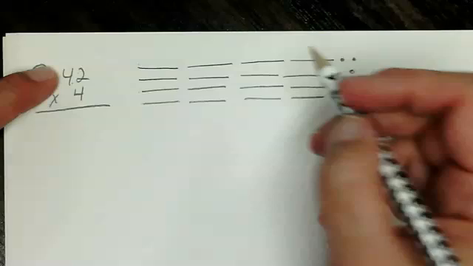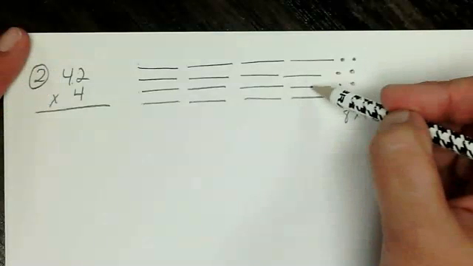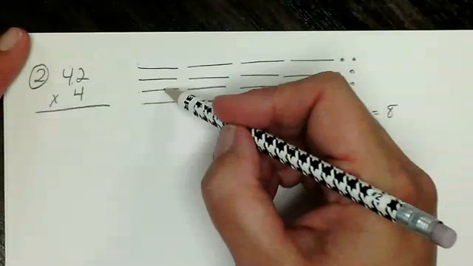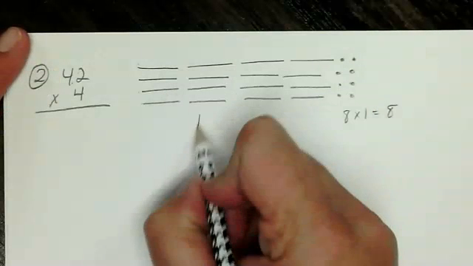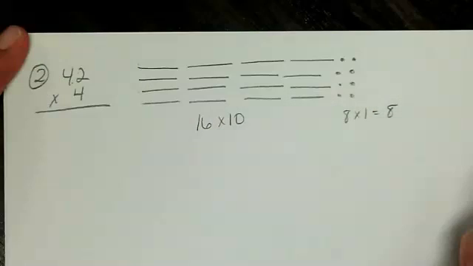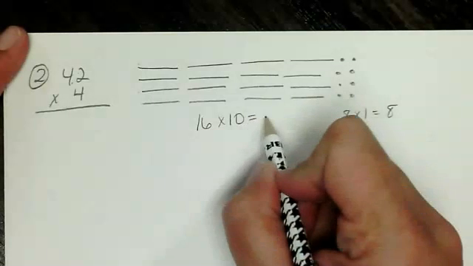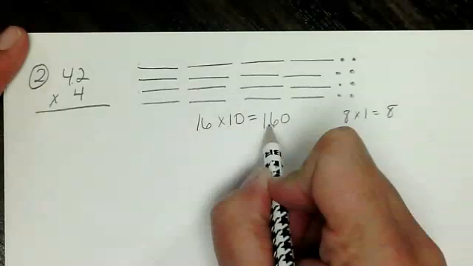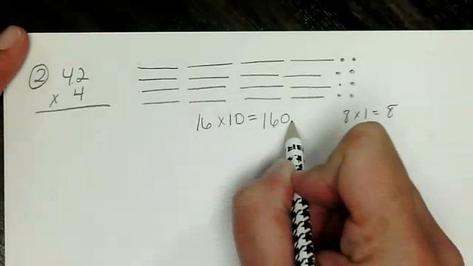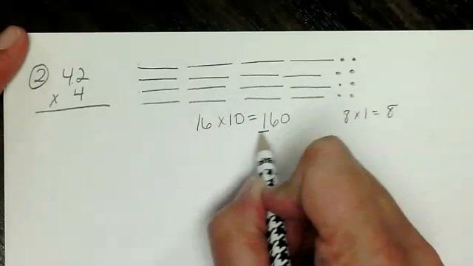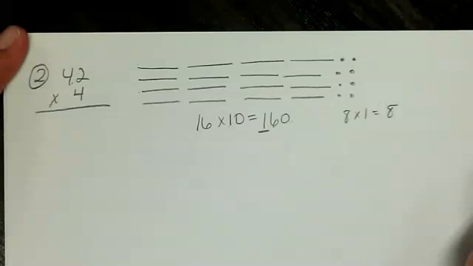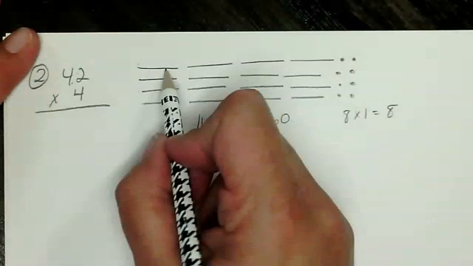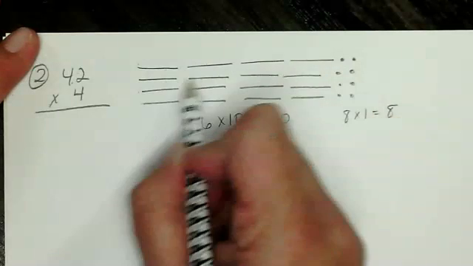How about our 10s? How many do I have? 1, 2, 3, 4, 5, 6, 7, 8, 9, 10, 11, 12, 13, 14, 15, 16 10s. That equals 160 because 16 times 1, 16, and then bring my 0 over. So it's 160. Look, I have 100. So I need to take 10 of these and make it into 100. So here we go. 1, 2, 3, 4, 5, 6, 7, 8, 9, 10.